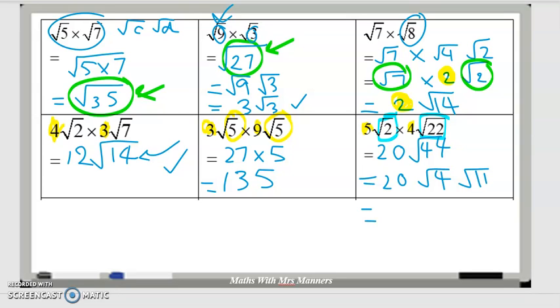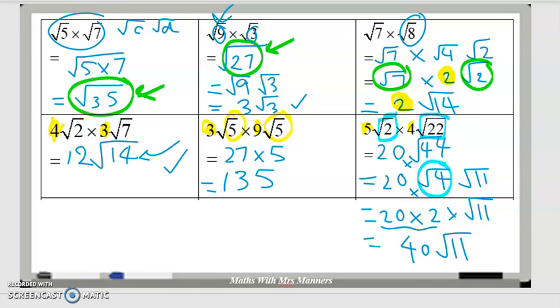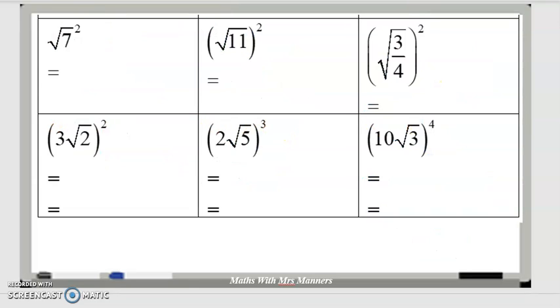So the square number must always come first. That's why I put it over here. That's going to reduce to 20 times 2, with imaginary times signs in there, times root 11. So I'll get 40 from the 20 times 2, 40 root 11.